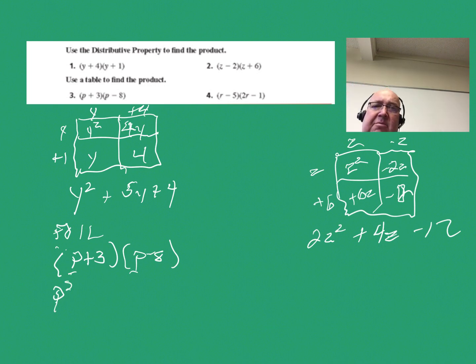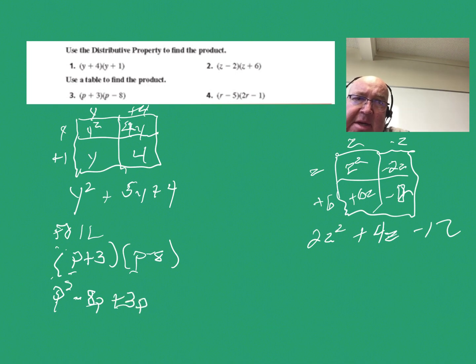I'm going to multiply the outside terms, which is the p and the minus 8. Minus 8p. Then I'm going to multiply the inside terms, which would be 3 and p, plus 3p. And then I'm going to multiply the last terms, which is 3 times negative 8 is negative 24. Combine my like terms, p squared minus 5p minus 24.